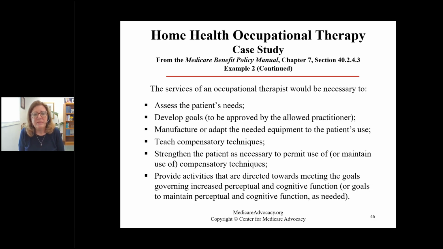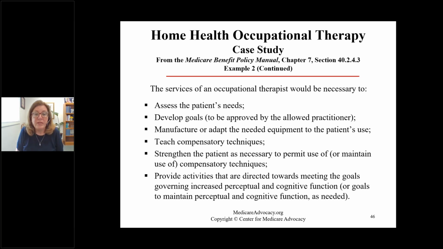So essentially what the case study goes on to say is, what would someone be able to benefit from an occupational therapist? Well, an assessment, goal development, manufacture of whatever equipment will make the person's condition more tolerable for the issues that they're dealing with.